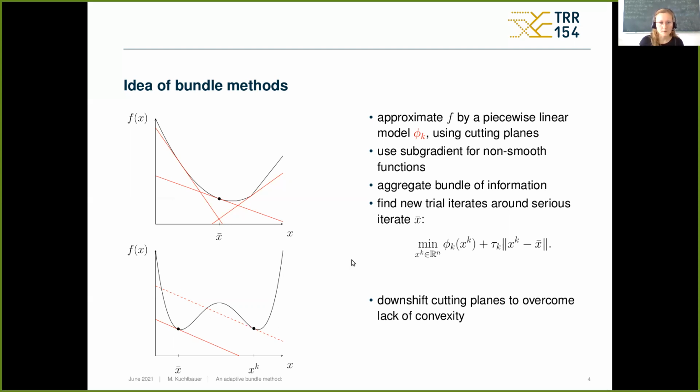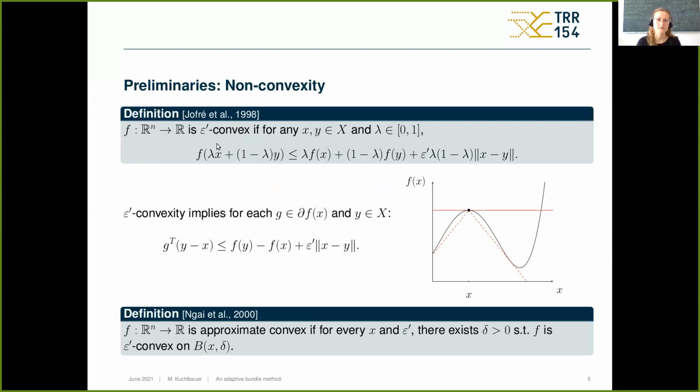And when we want to consider non-convexity, we usually consider a certain relaxation of convexity. In the context of bundle methods, this is often epsilon convexity or then approximate convexity. So let's first define epsilon convexity. It is a relaxation of convexity that is defined by this inequality. And this reminds us of uniform convexity, but we have the plus here instead of a minus as it is a relaxation of convexity.